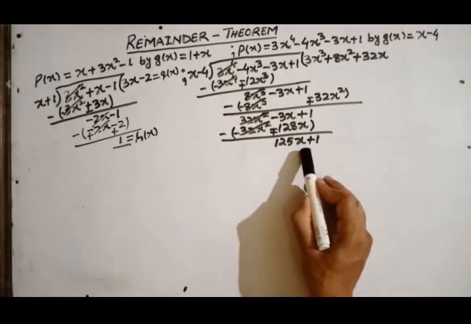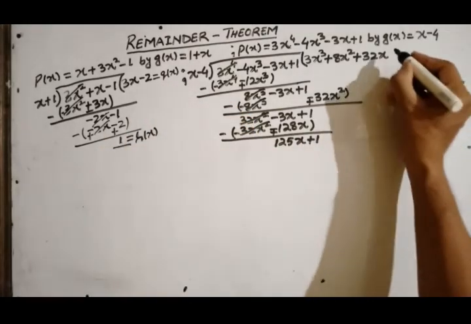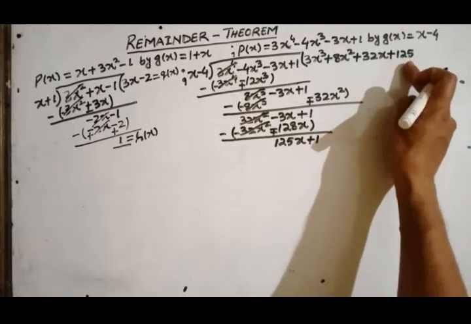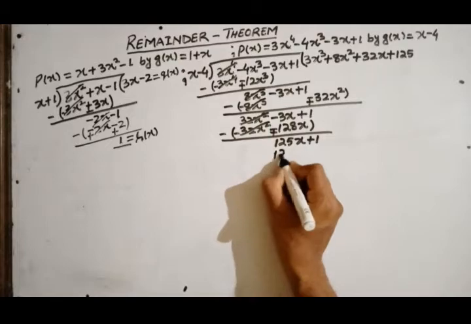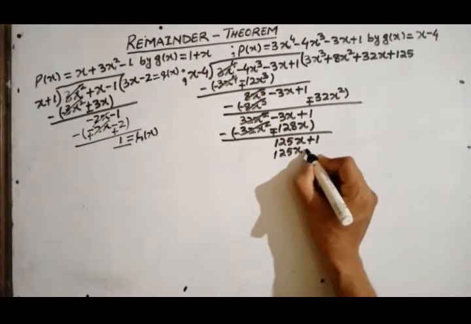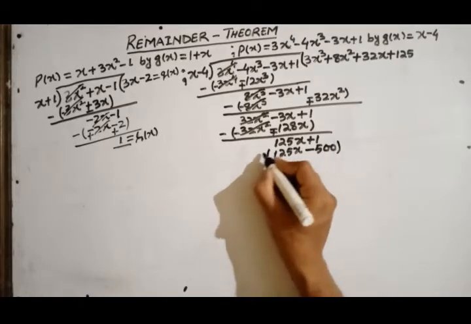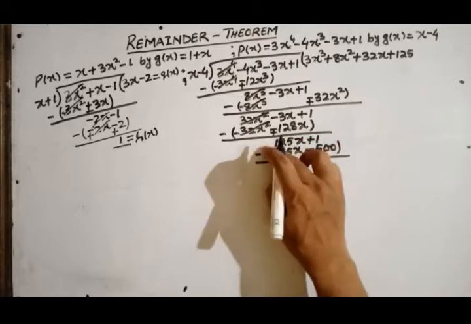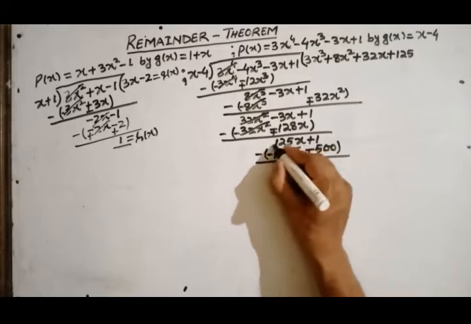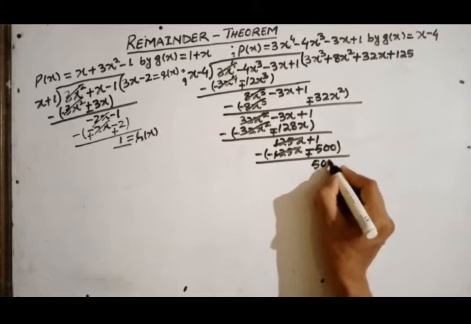Now to eliminate plus 125x, this x needs to be multiplied by plus 125. So in quotient we take plus 125. 125 into x is 125x, and plus 125 into minus 4 is minus 500. On subtraction, this 125x gets eliminated, remaining 501.